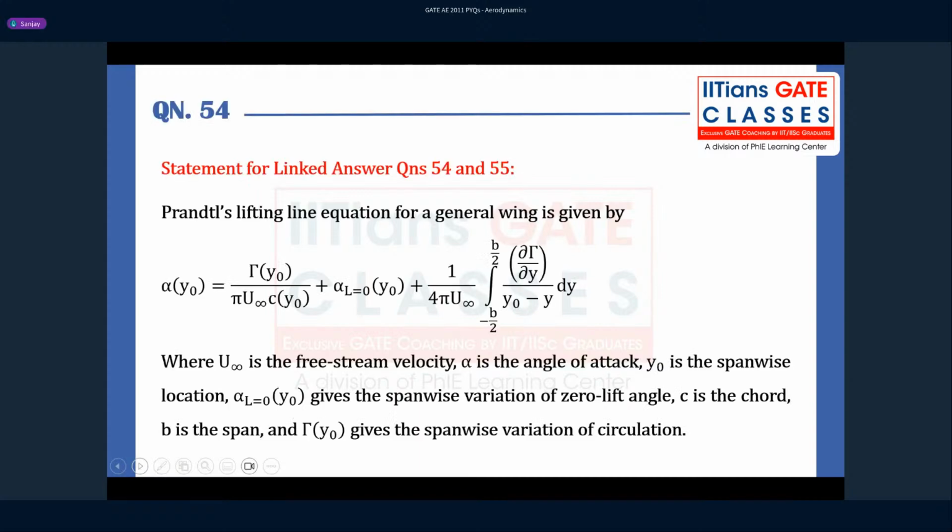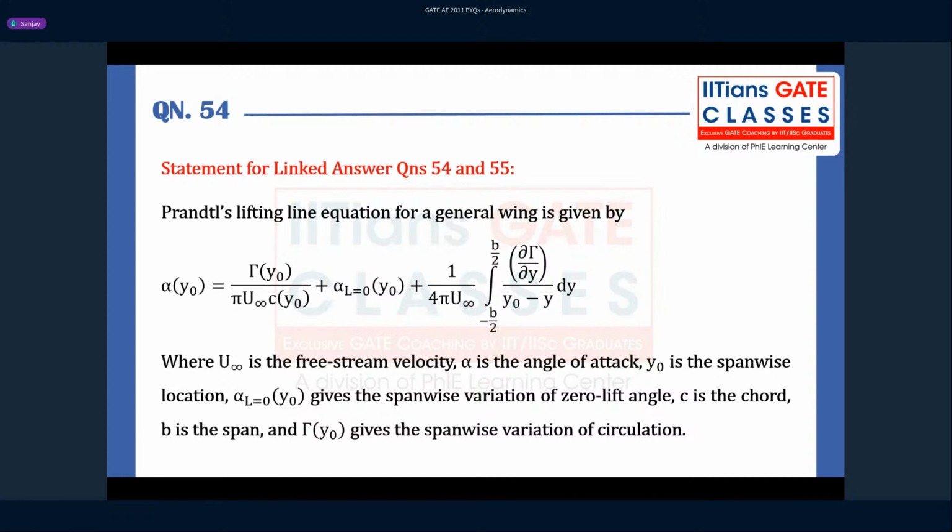So again, the next question is based on Prandtl's lifting line theory. They have given you the angle of attack variation along the span of the wing, right? Alpha of y naught is given to you. So this is nothing but the lifting line equation given by Prandtl.